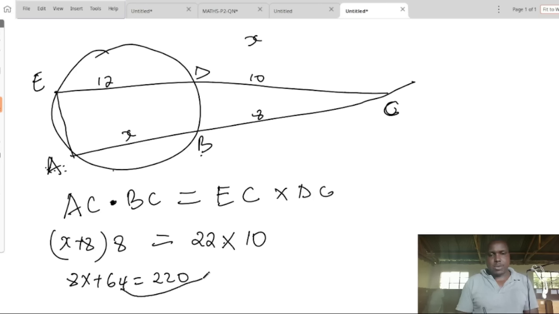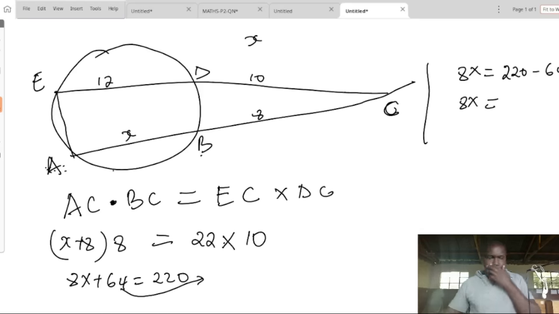Now like terms together, you get that 8X is equal to 220 minus 64, which is 156.